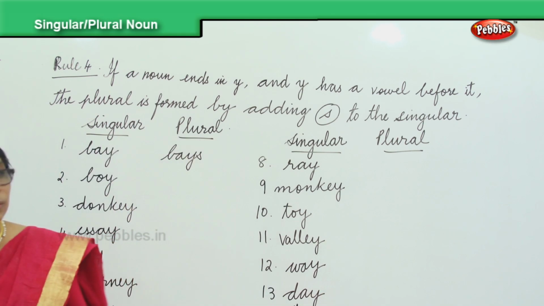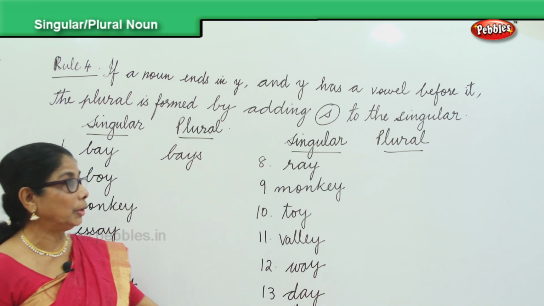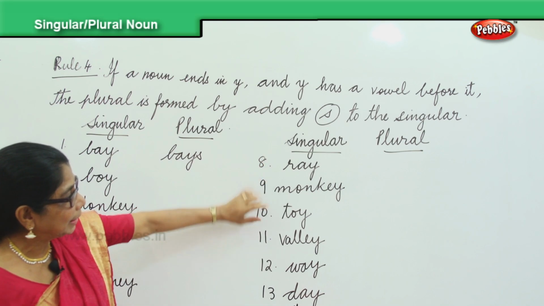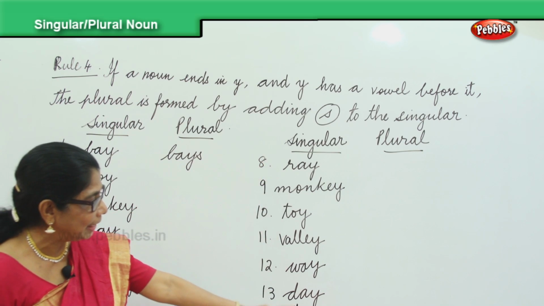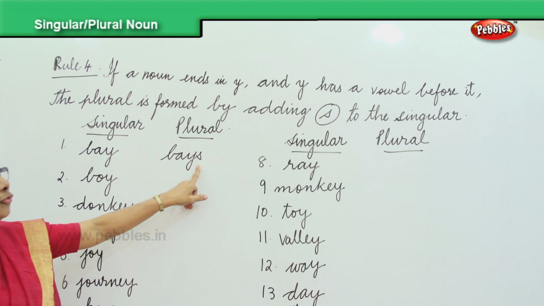Look at all the words I put up for you. The singular nouns I put up for you. Ray, monkey, toy, valley, way, day, story, key, journey, joy, essay, donkey, boy, bay. The rule says if the noun ends in Y and there is a vowel before it, then you simply add S to form the plural.